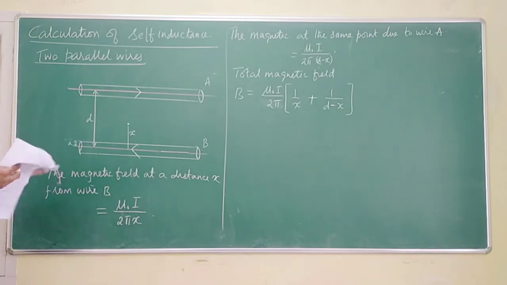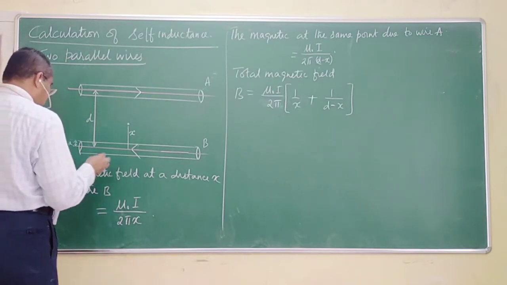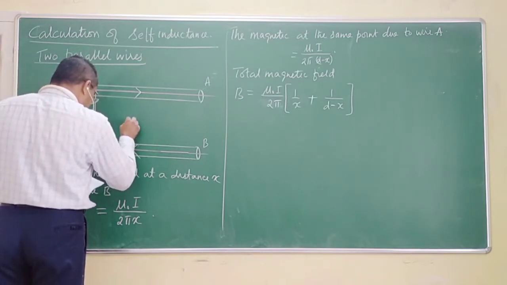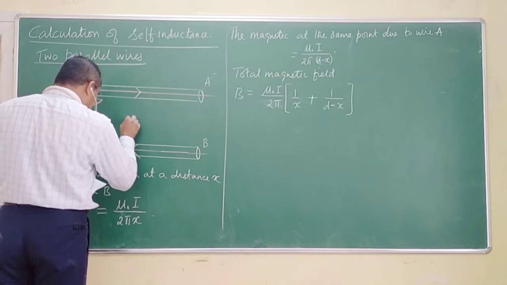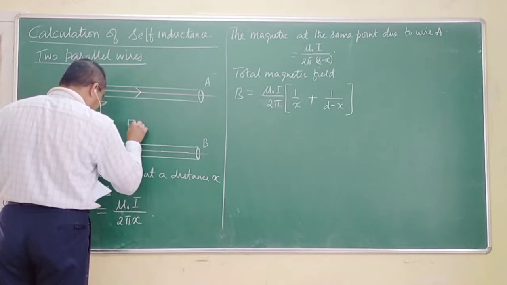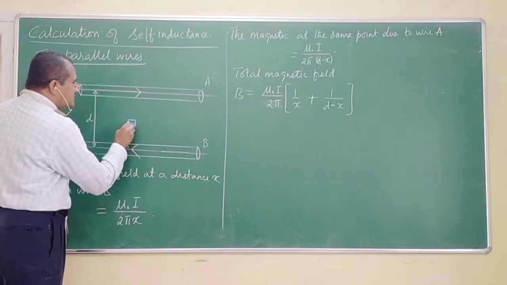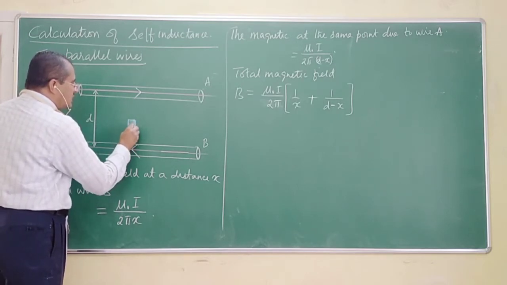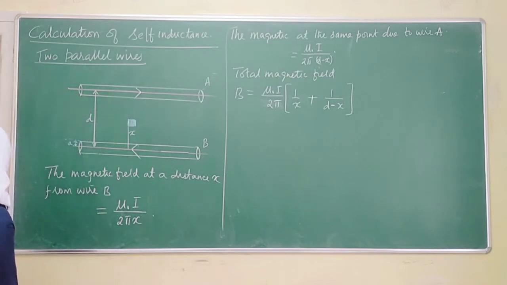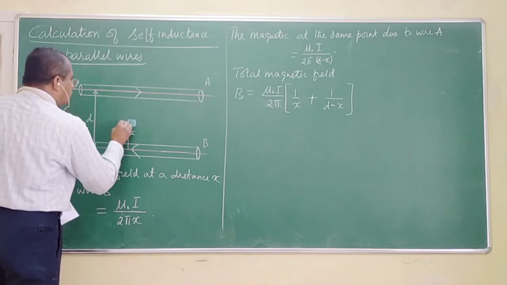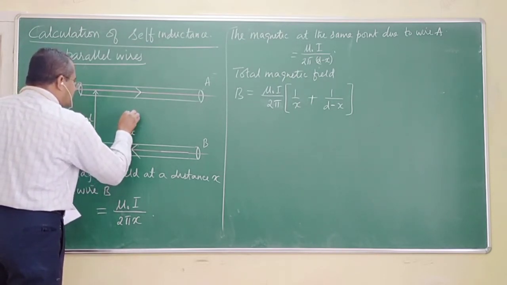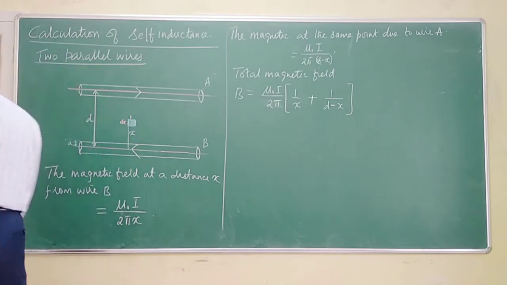Now, what I am going to do is, let me take a small area here of unit length. Please note, imagine I am taking a small portion here, a small area, whose width is dx, length is unity.